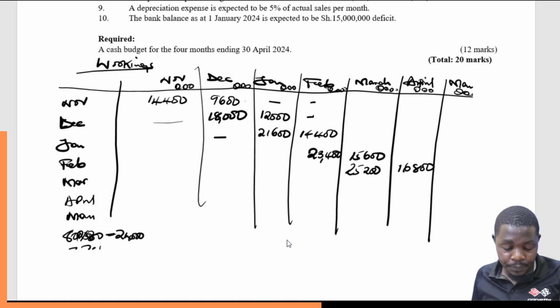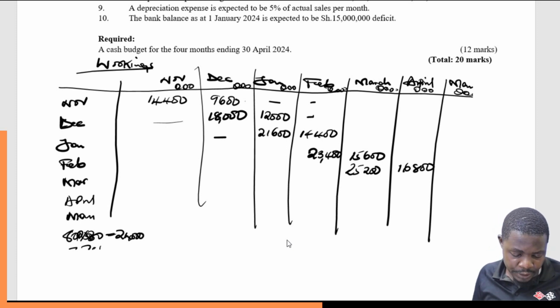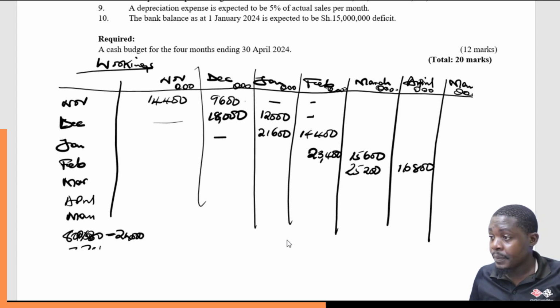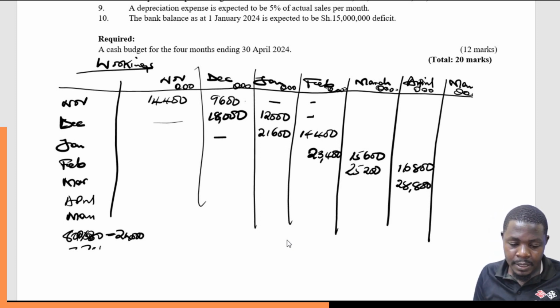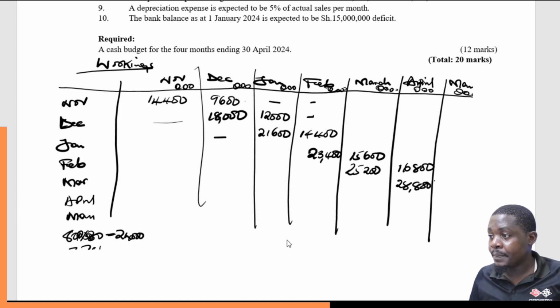Then April, we are told that we sold 16,000 units. Multiplied by 30, we have 48,000. It takes 0.6 multiplied by the answer. It is 28,800. And then the balance of 48,000 minus the answer, 19,200, will be paid in May. But we are not interested in May.